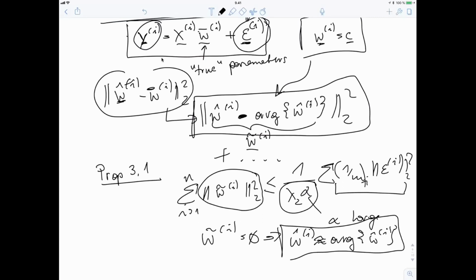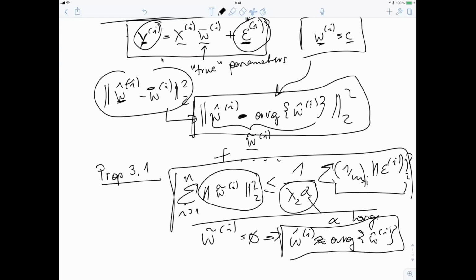This is a precise quantitative formulation of what I told you before: if you make alpha larger and larger, you force the learned model parameters to be more and more identical. And here you have a precise upper bound of this variation of local model parameters.